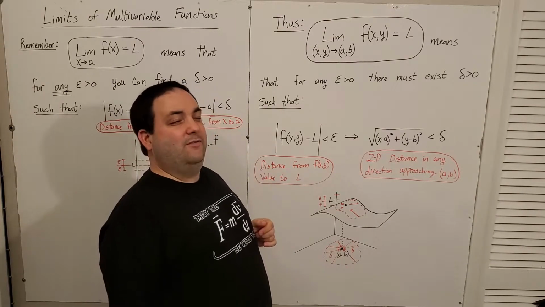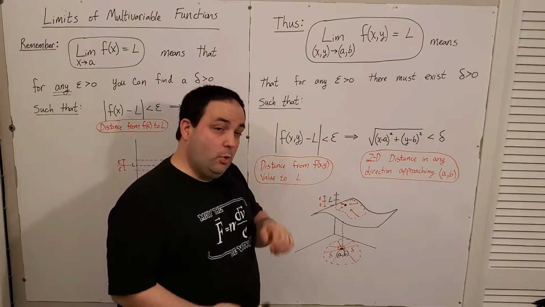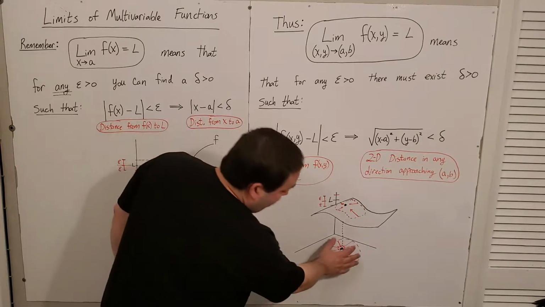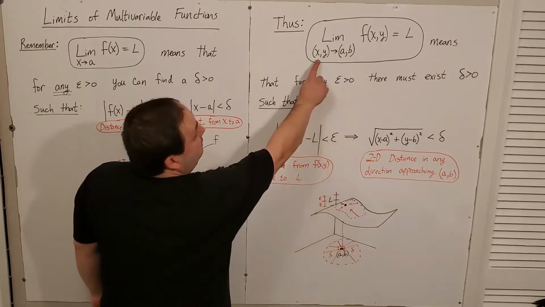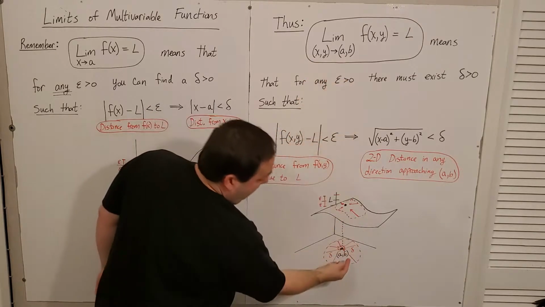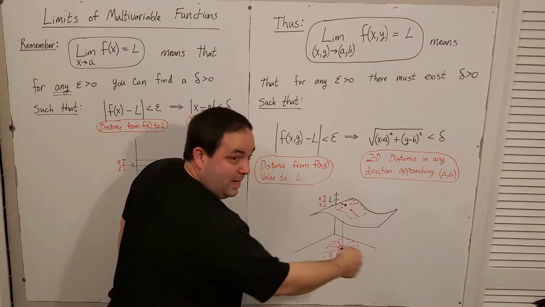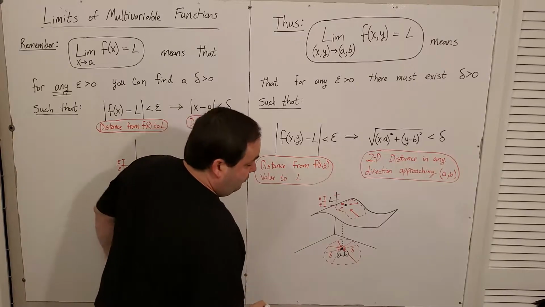And as if that wasn't complicated enough, you don't have to approach it in a straight line. The way I have it written here, this is the point in question that you're letting the xy approach, AB, right? So in the domain, I'm approaching this point from any direction in the plane. I don't have to approach it in straight lines.